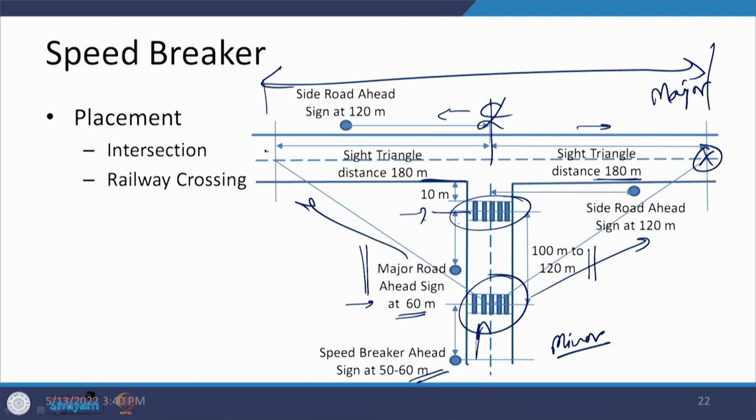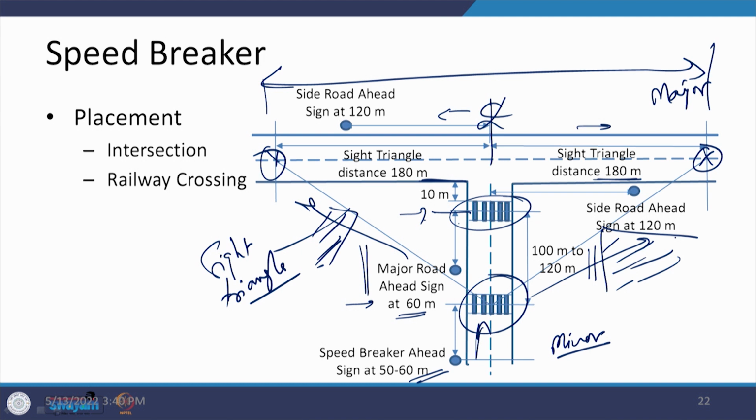So, we get a point here and a point on the other side, and that is how a sight triangle is created. This sight triangle should be clear of any obstruction. If there is any obstruction here or here, it should be kept away from this particular line of sight.